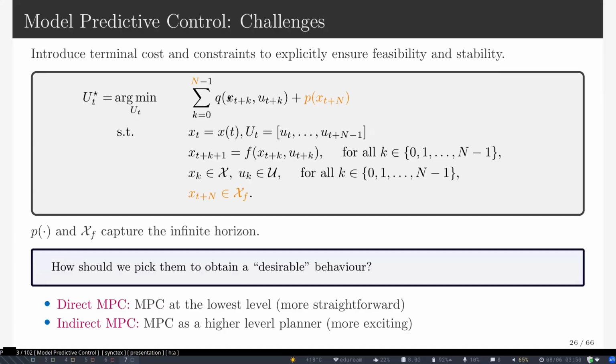Almost any implementation of MPC in industry that I know of, be it petrochemical or irrigation channels, is indirect. It sits on top, and then there are often PID controllers that try to implement the plan that the MPC controller is giving them.